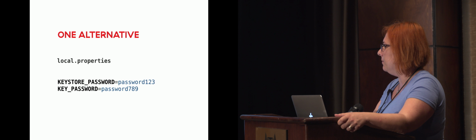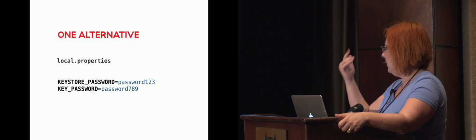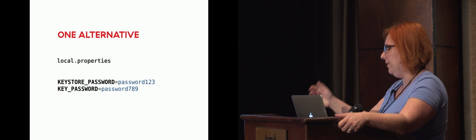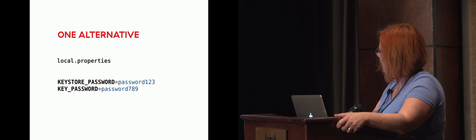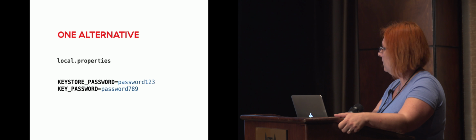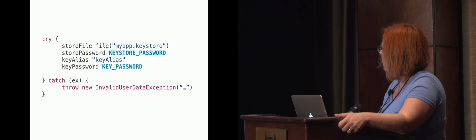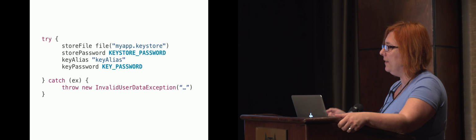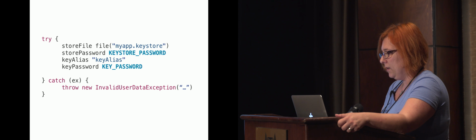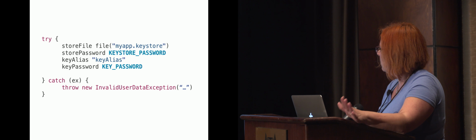You can use system environment variables and then reference them, or you can use properties and then parse them and use it like that. But the main reason is that you can reference something that doesn't contain the actual data from your key store. So that's one way to mitigate this issue.